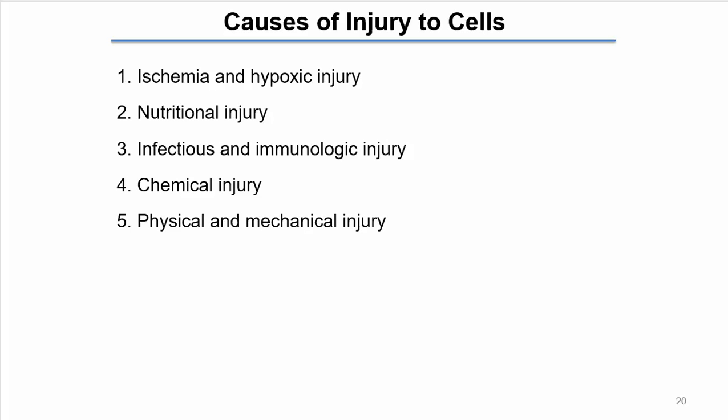Ischemia is really a loss of blood supply. Hypoxia is a loss of oxygen to the tissue. Usually, ischemia causes hypoxia. There are some other causes of hypoxia, but we won't go there.